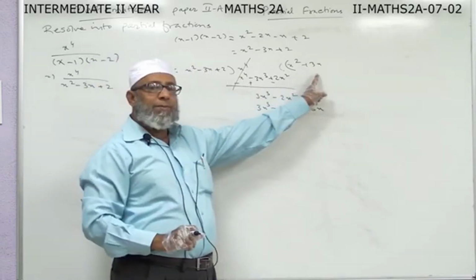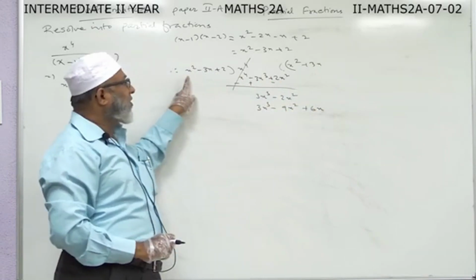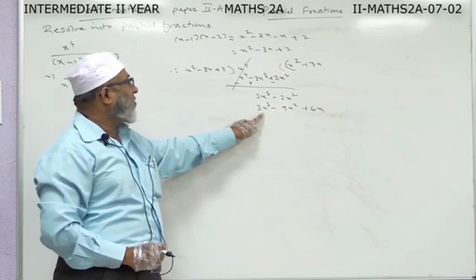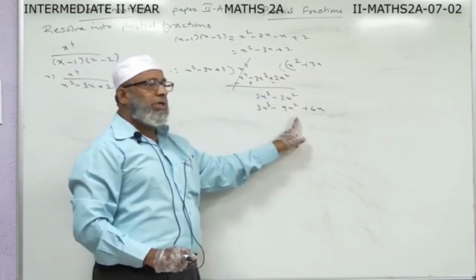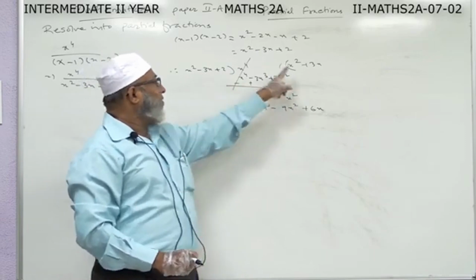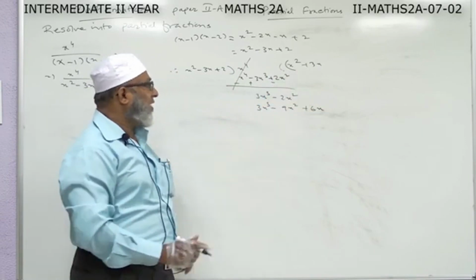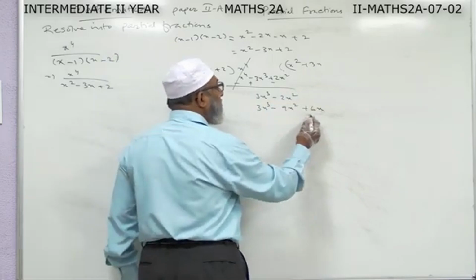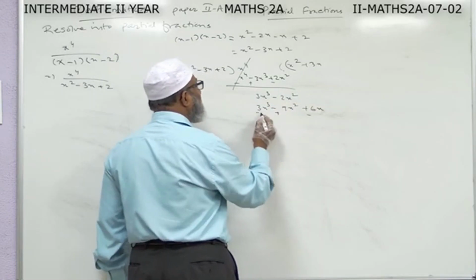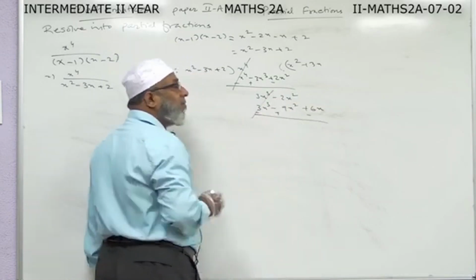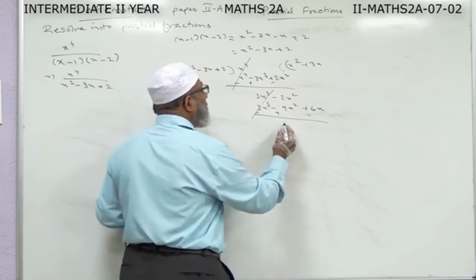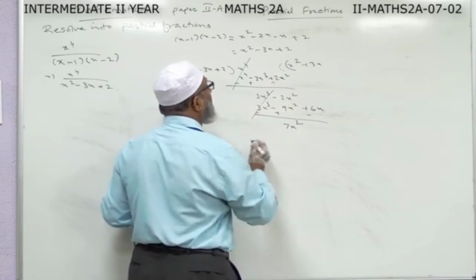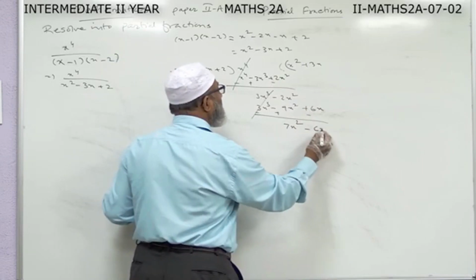Now I am changing the sign again, minus becomes plus, plus becomes minus. Again this will be cancelled. 9x square minus 2x square is equal to 7x square minus 6x.